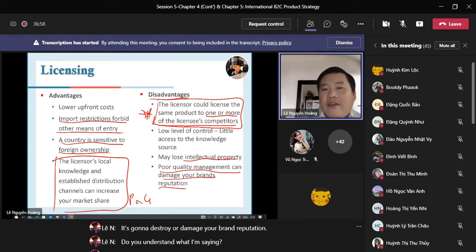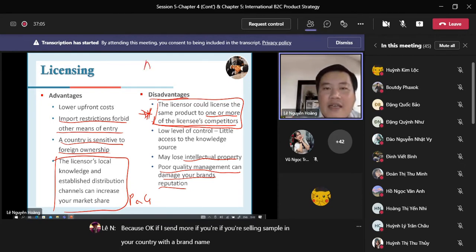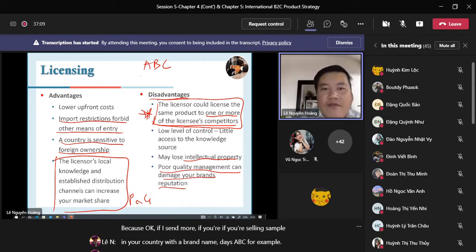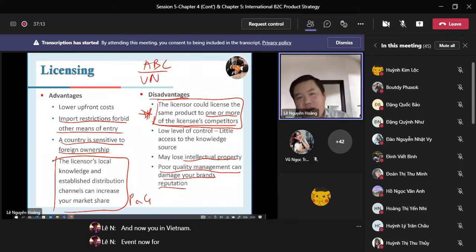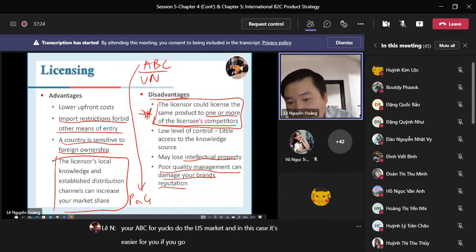For example, if you're selling samples in your country, Vietnam, with a brand name ABC, and now you want to sell your ABC products to the US market, it's easier for you if you go via P&G, for example.